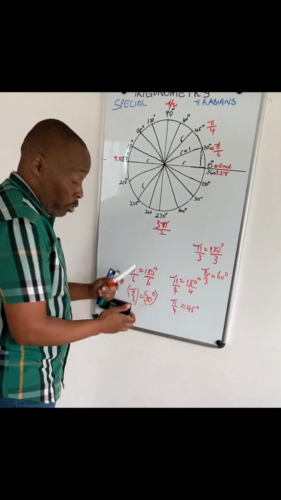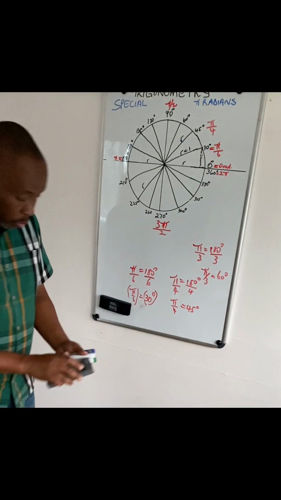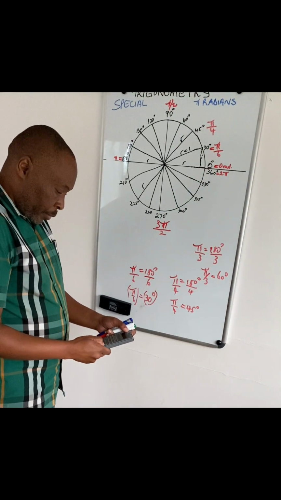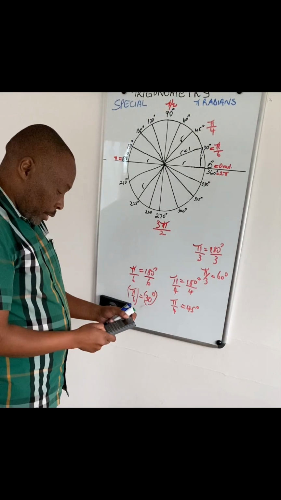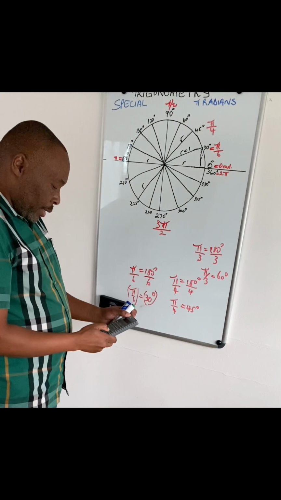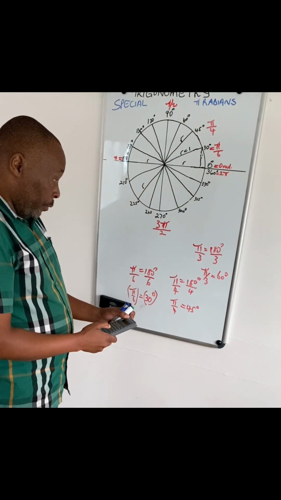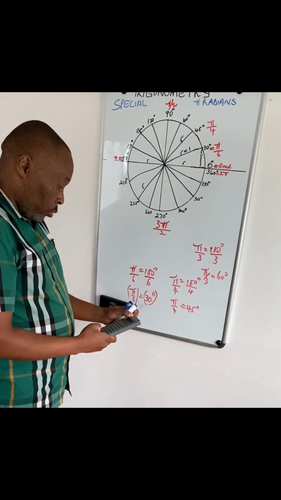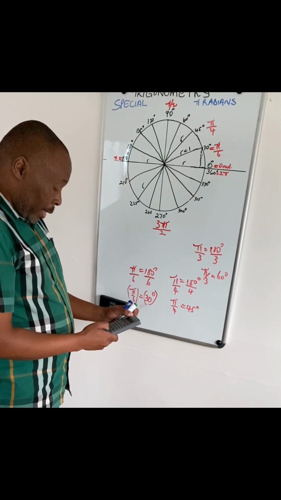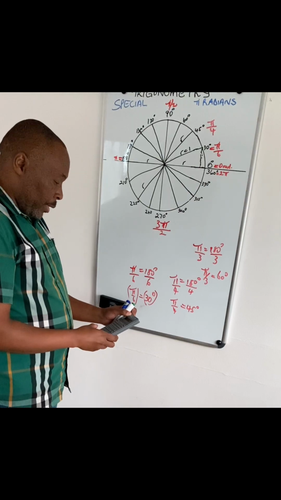You can just check in your calculator. Maybe we might as well do that. Since pi is 180, 180 divided by 6 is 30 degrees. 180 divided by 4 is 45 degrees. 180 divided by 3 is 60 degrees.